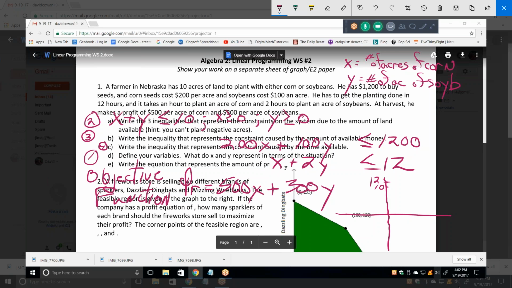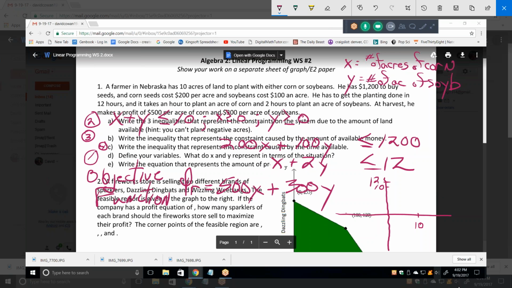First, I'm going to put a little label on here. Let's start at the top. x plus y is less than or equal to 10. How do you graph that? That's a straight line.